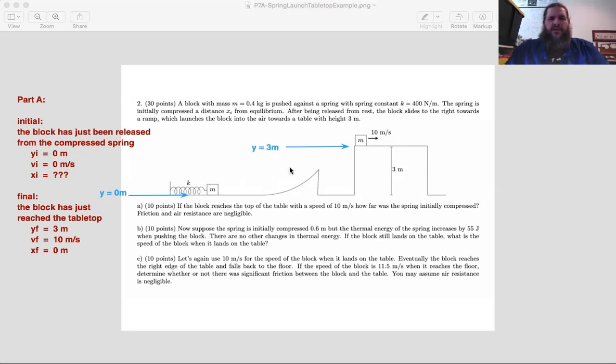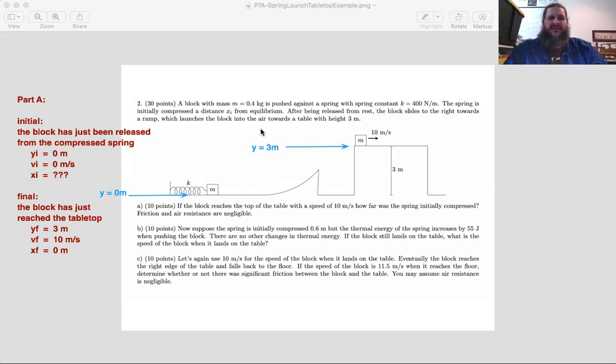And this is not the only coordinate system we could use here. We could call the tabletop Y equals 0, and then the ground below that would be Y equals -3. Or you could call ground level Y equals 100, and then the tabletop would be Y equals 103. It doesn't really matter what you call these Y values.